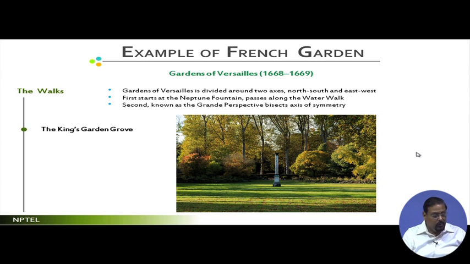Some examples here. Along with this, the King's Garden Grove, a zone which is very clearly interwoven with the grass lawns and having different kinds of vegetation at the backdrop, which changes its color by season because of the European climate.